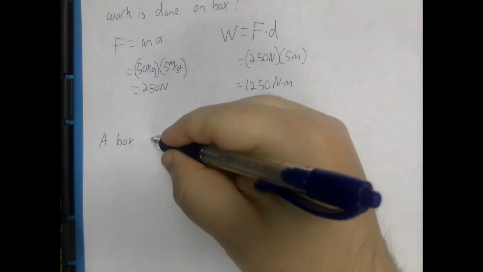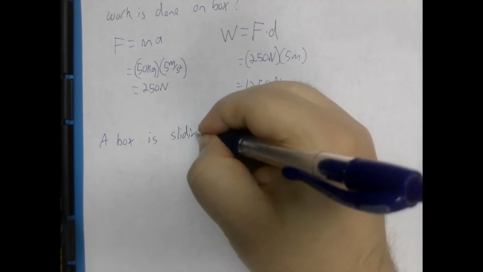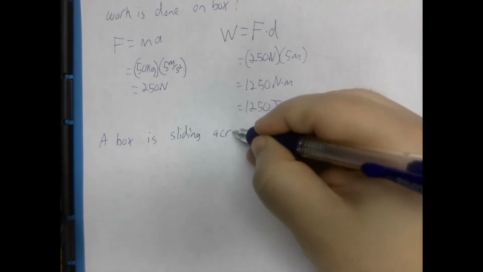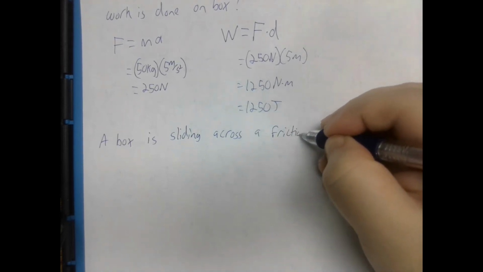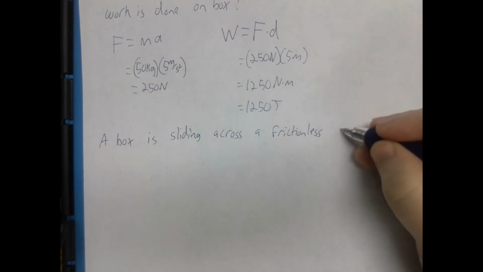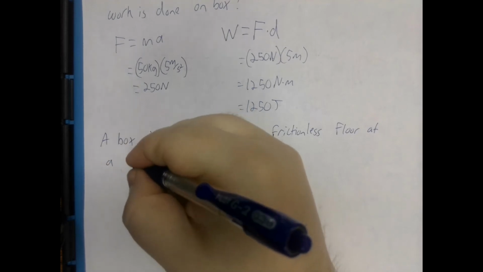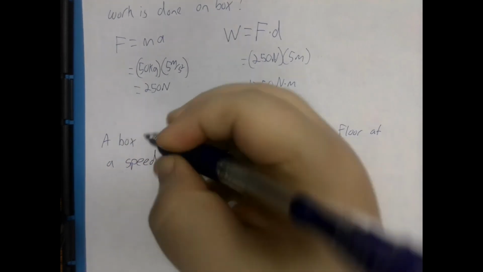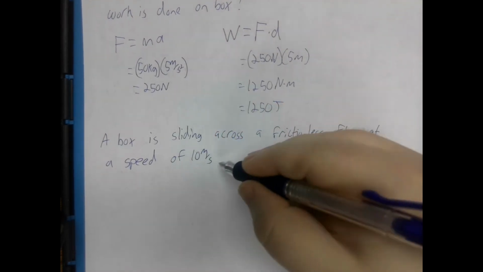A box is sliding across a frictionless floor at a speed of 10 meters per second.